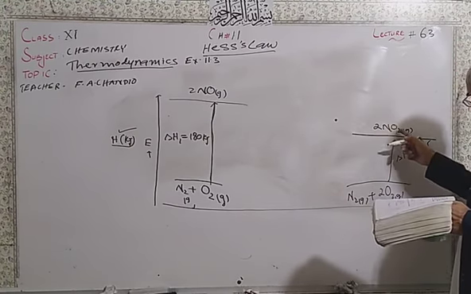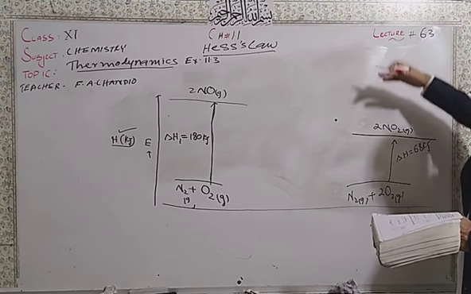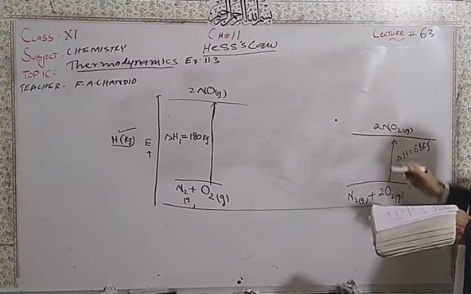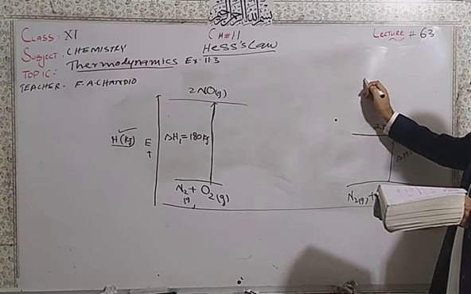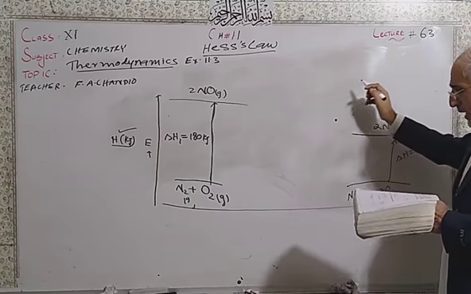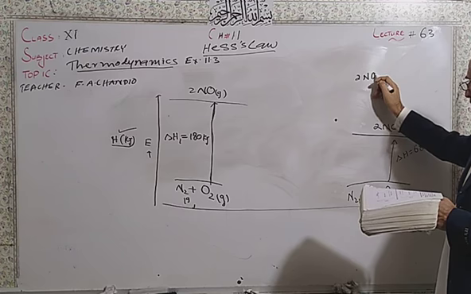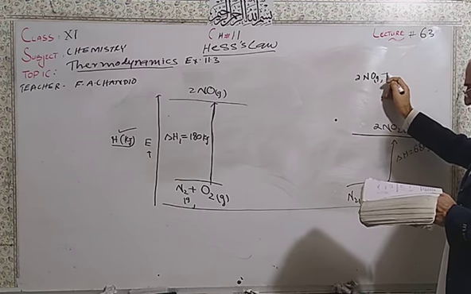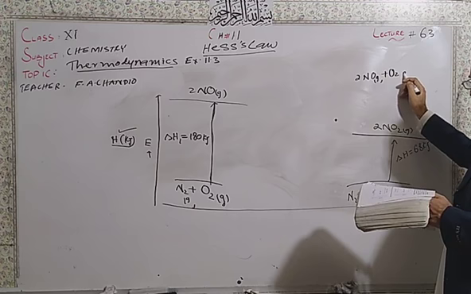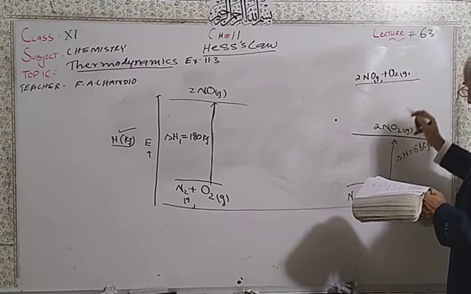Then, for 2 moles of nitrogen dioxide, the second step is an exothermic reaction. The second step is exothermic when these 2 moles of nitric oxide gas react with more oxygen gas.